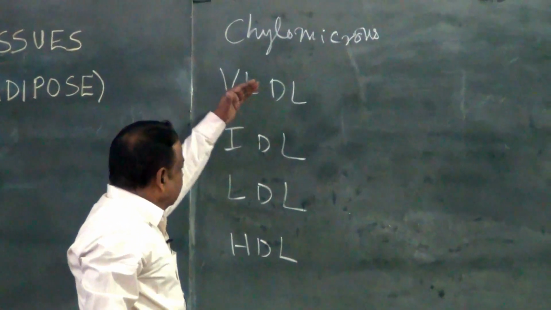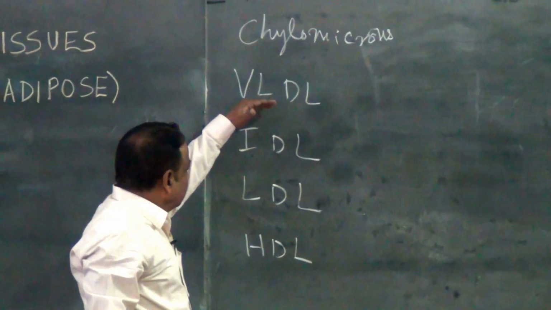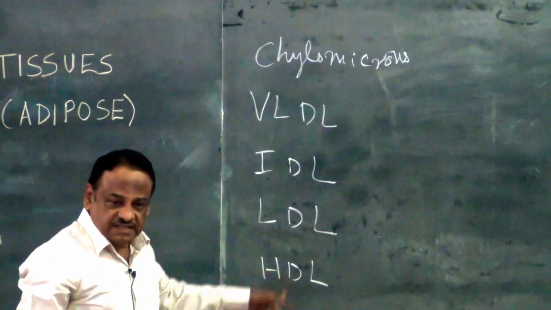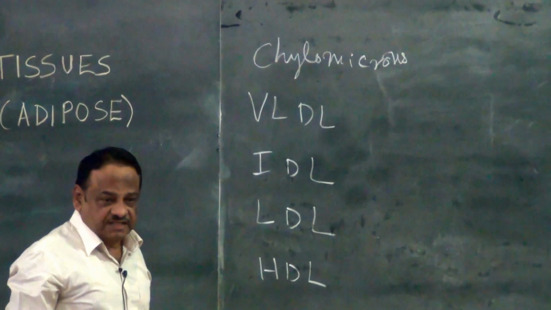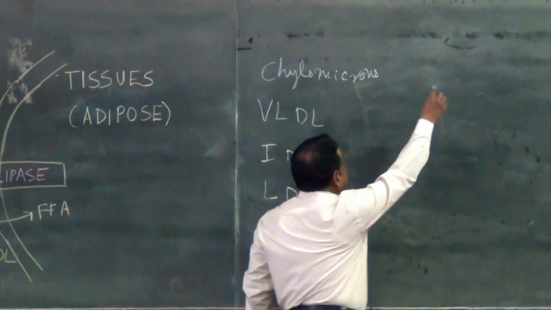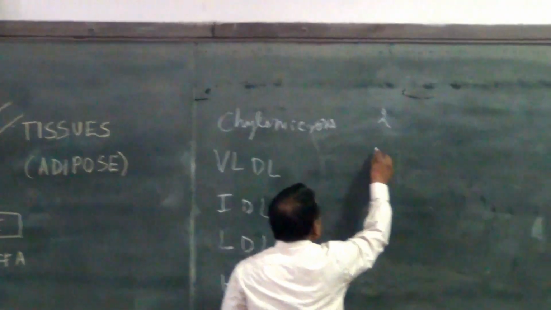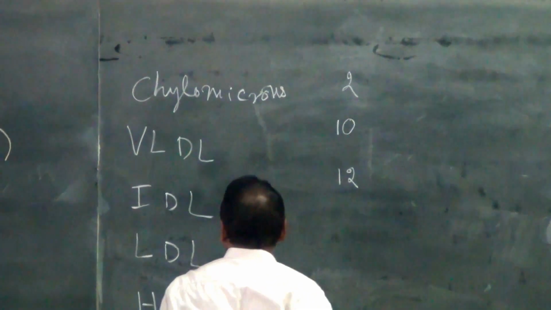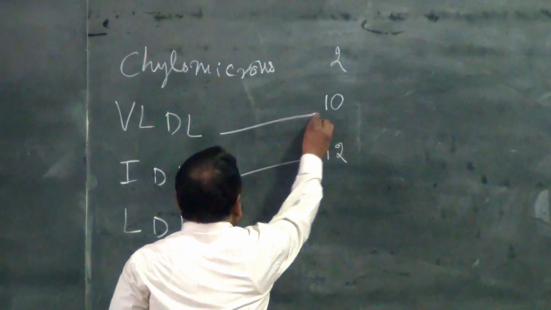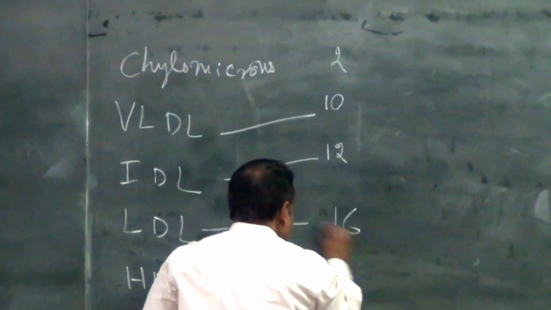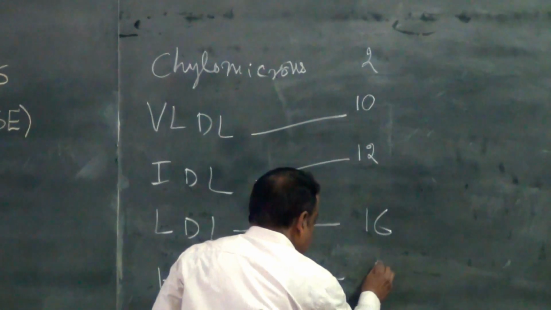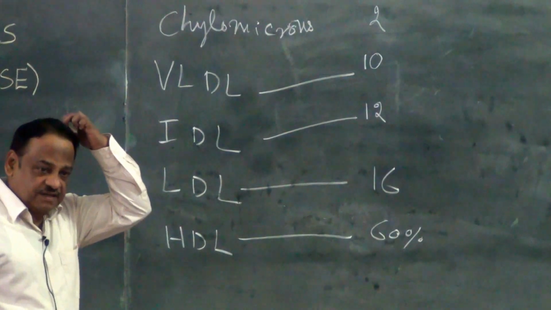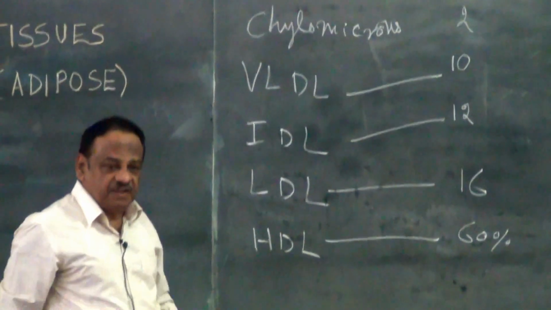As you go from chylomicrons to VLDL, IDL, LDL, and HDL, the density increases because the protein content also increases. So here the protein content is about 2%, here it is about 10%, here it is about 12%, and for LDL it is about 16%, and HDL has a protein percentage of 60%, and relatively the lipid content will be less.